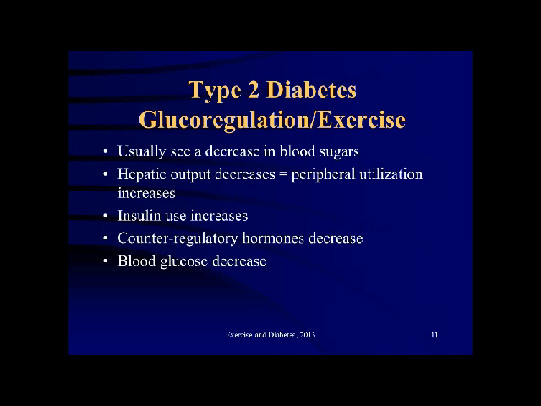Hepatic output decreases and peripheral utilization increases because of that insulin sensitizing impact that's happening when the body starts demanding more than it would at a sedentary level. We see insulin use increase, and we also see the counter-regulatory hormone response across the board decrease. And then, of course, as a whole, if one were to check their blood sugars, we would see blood glucose decrease, and this may even be maintained for a substantial amount of time, 10, 12 hours.